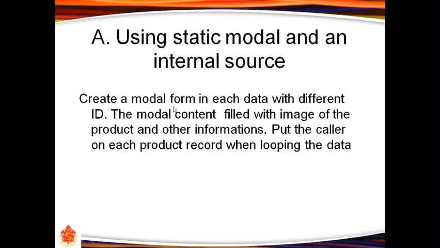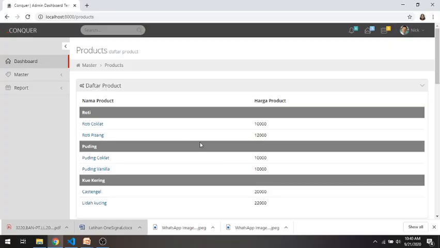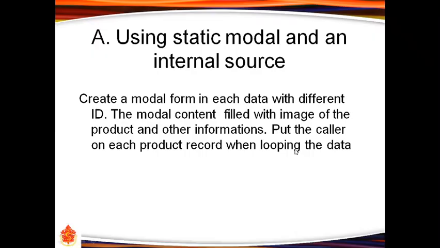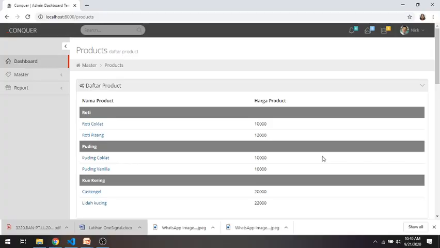We will need to make one modal for each record. So we will put the modal in the looping of this data. Put the image of the data in the modal, and then put the color. Maybe we create a button or something here.